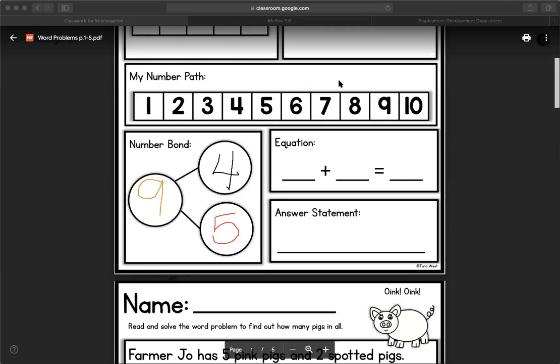And now we are going to write an equation.